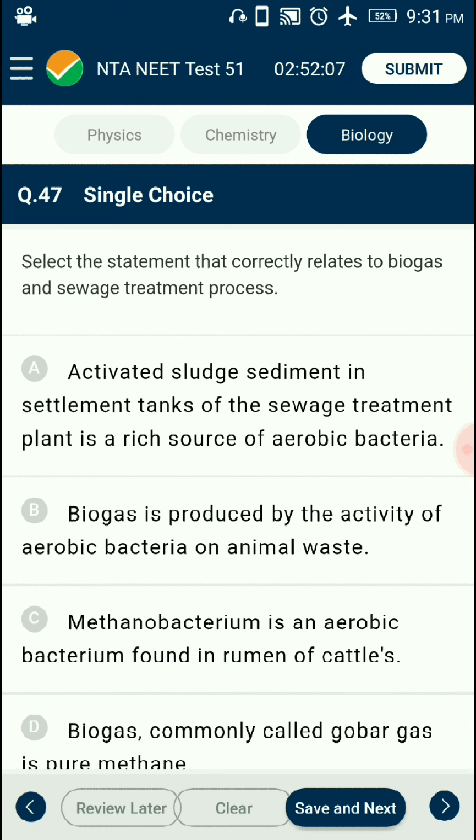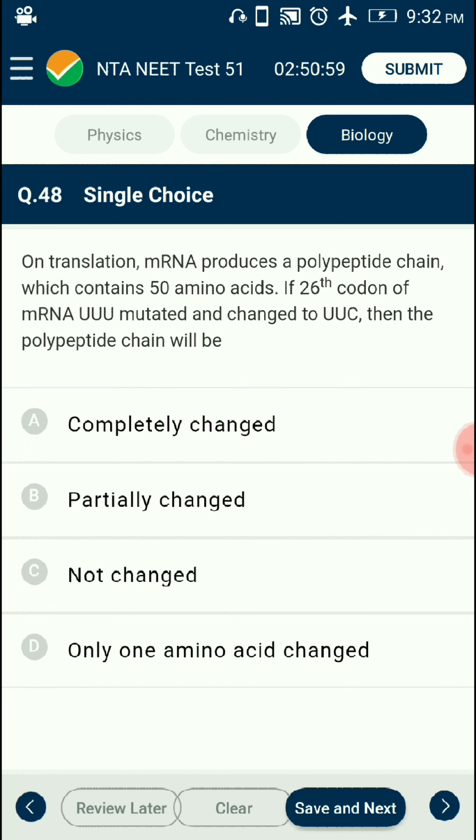The remaining major part of the sludge is pumped into large tanks called anaerobic sludge digesters. Here, other kinds of bacteria which grow anaerobically digest the bacteria and fungi in the sludge. During this digestion, bacteria produce a mixture of gases such as methane, hydrogen sulfide and carbon dioxide. These gases form biogas and can be used as a source of energy as it is inflammable. So the answer is option A. The settlement tank of the sewage treatment plant is a rich source of aerobic bacteria.